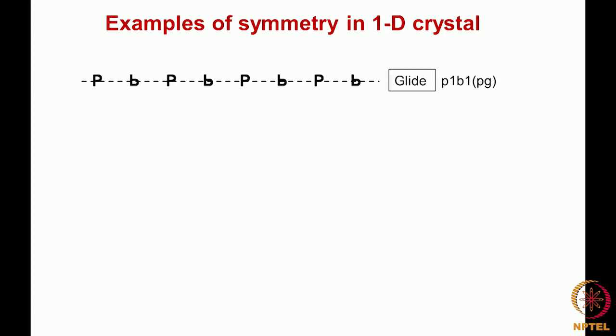And what is the direction in which it has been done? It has been done along the y axis, right? Or I can show that around this axis a shift has been given, and around this axis a mirror image also has been created. It is equivalent to, I shift this P from here by a by 2 and then take a mirror, then this will be created. Again shift it by a by 2, then take a mirror operation, it will come, and from this point to this point is where the periodicity is occurring.